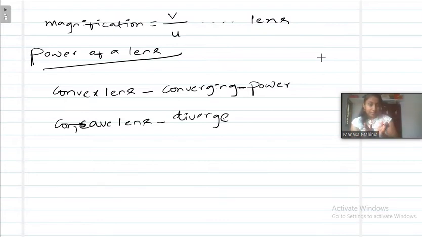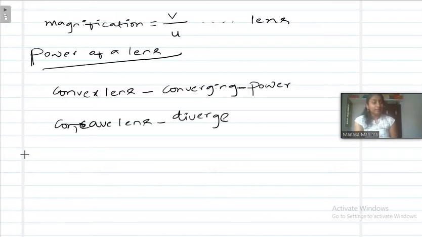What does the power indicate? Power indicates the ability of the lens, how much it can converge or how much it can diverge. It all depends on the power.